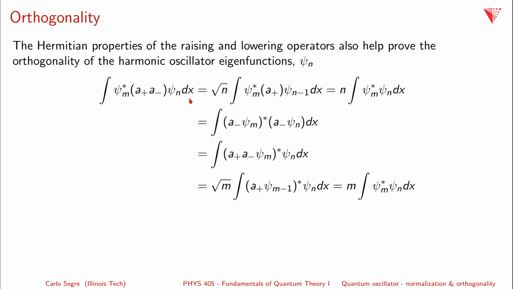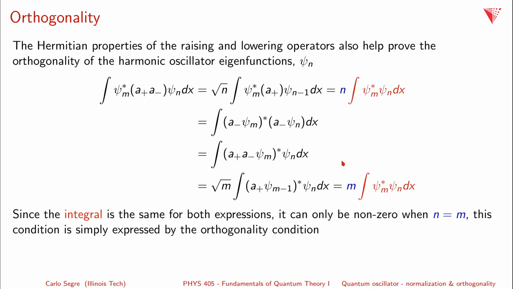We've derived everything from the same original form. And so the only way these can be equal is if n is equal to m. If n is not equal to m, then these two integrals must be 0, because that's the only way you can make them equal if the two integers are not the same.